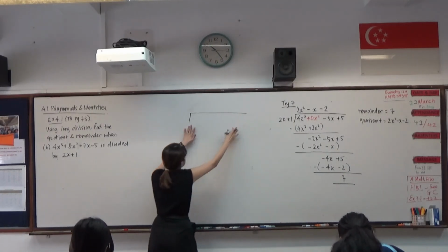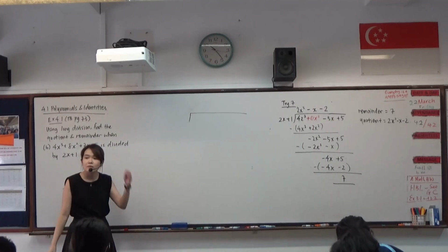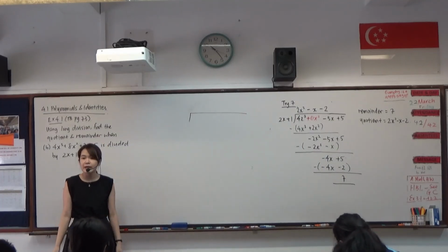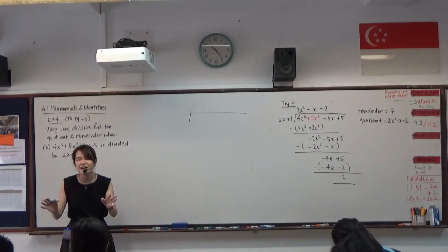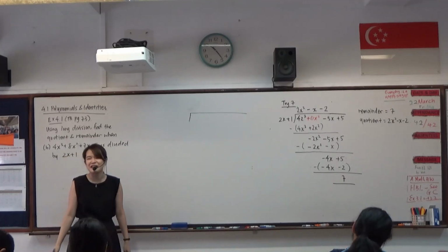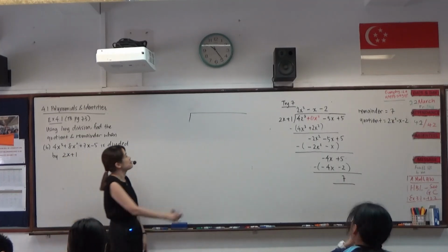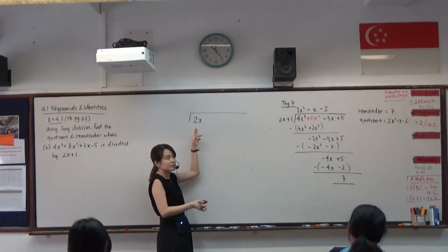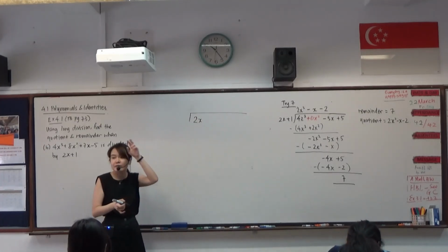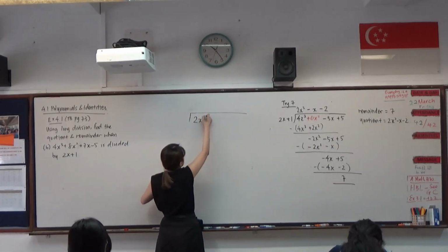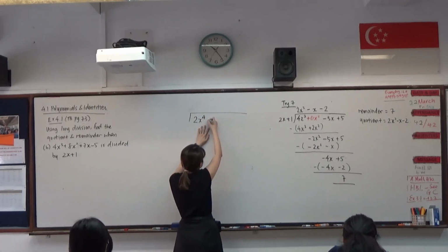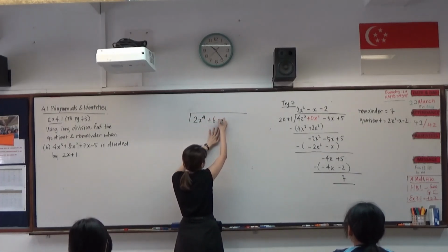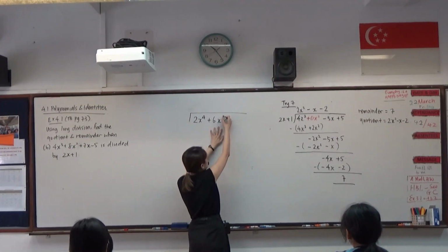Alright. Why not you all give me something to divide with? What should our dividend be? Give me anything, but give me integer numbers. Don't give me fractions or decimals. 2x cubed. Okay, maybe let's go higher powers. Okay, 4. Then after that, what? Plus 6, x to the power of 2.